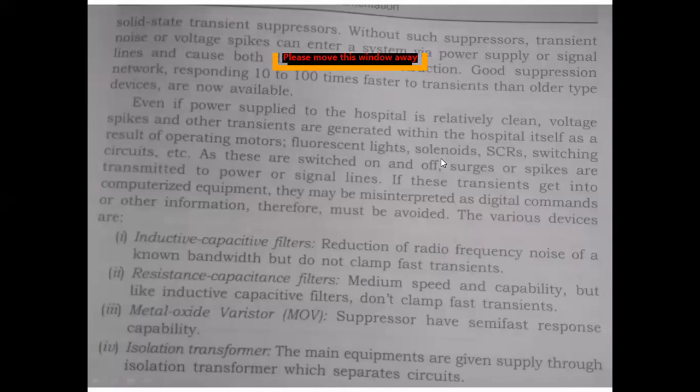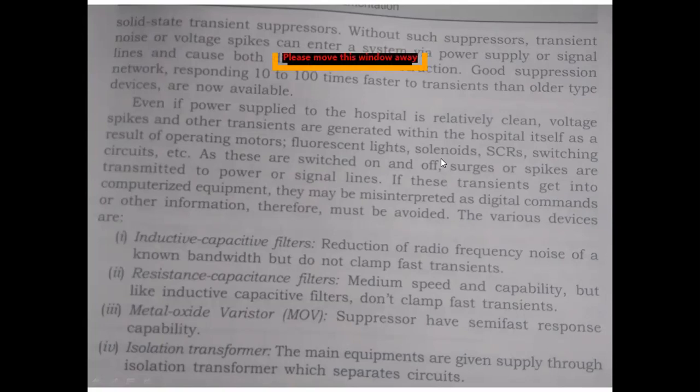For power controlling purposes, heavy power currents are controlled by SCRs, silicon controlled rectifiers, and switching circuits, and contactors are there, and those contactors are operated. When these contactors are operated, they produce sudden opening and closing, and due to that they produce spikes, and all these spikes come through the power supply.